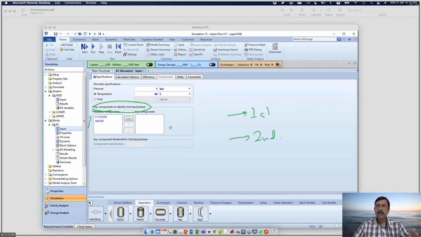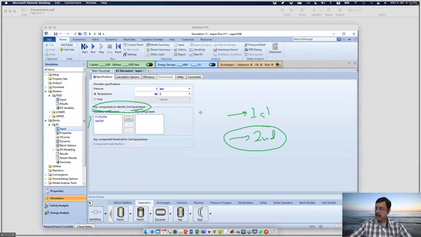But if you prefer the lighter component to come in the second phase liquid, then you can choose over here. In this case, if you choose paraxylene, it will come over here for the second phase liquid. Okay, so that option is there with you.